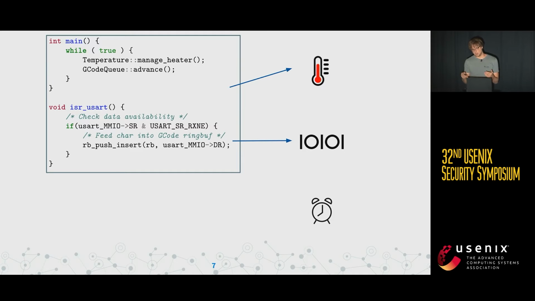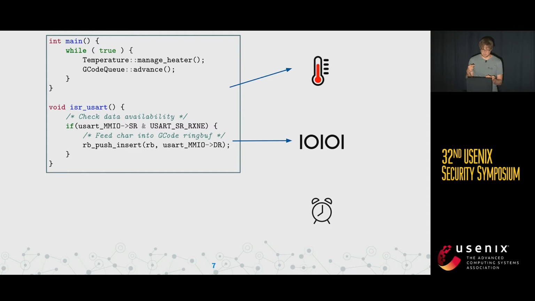Interrupts are a way for peripherals to give notifications to the process asynchronously. Whenever an interrupt comes in from the serial peripheral, for example, the main loop stops executing and we get into this interrupt handler. One important thing down the line is what the logic in this interrupt handler does: it reads the status of the serial interface and sees whether there is any data available to be read.